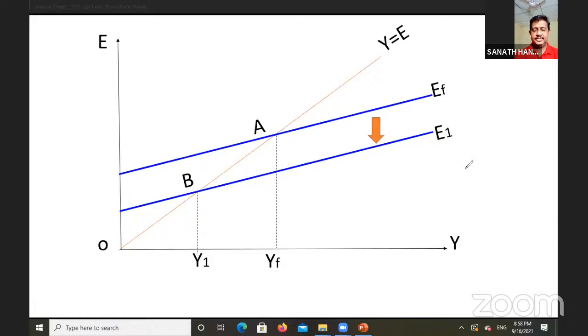In other words, government expenditure has a greater multiplier effect than the tax.